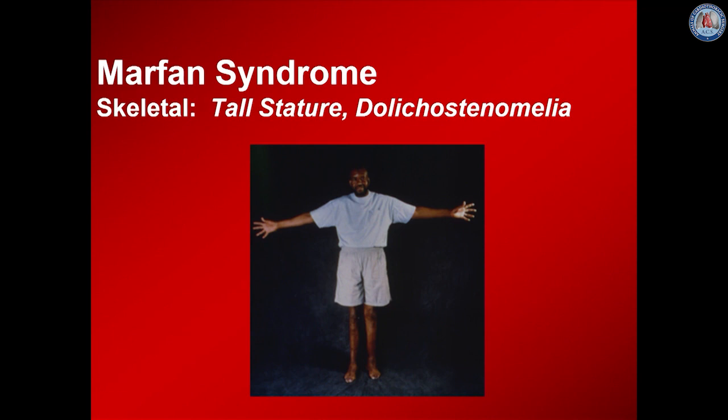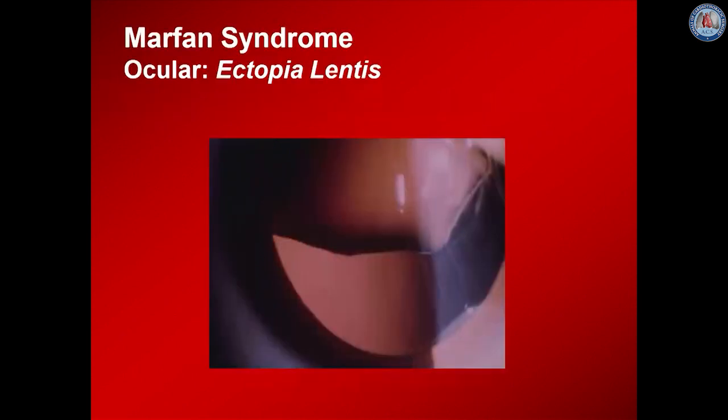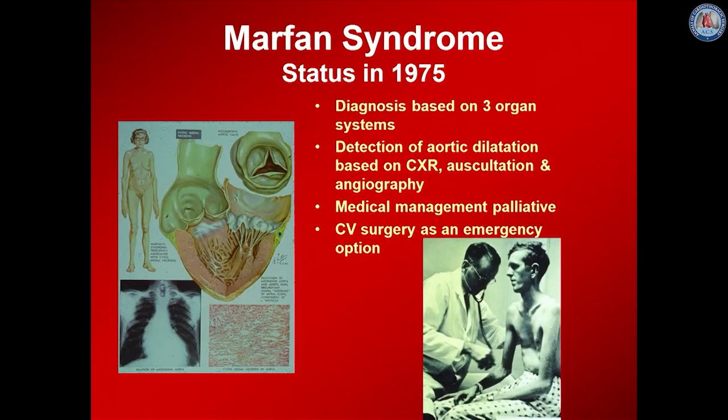The typical features of Marfan syndrome, which were known to McKusick and those of us taking care of patients in the mid-20th century, are tall stature with particularly long limbs, dislocation of the ocular lens due to stretching of the zonules, and as we've discussed, the typical cardiovascular features.